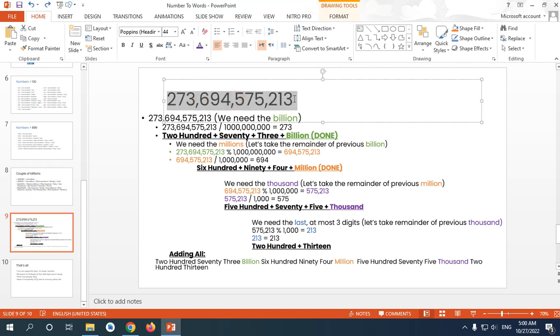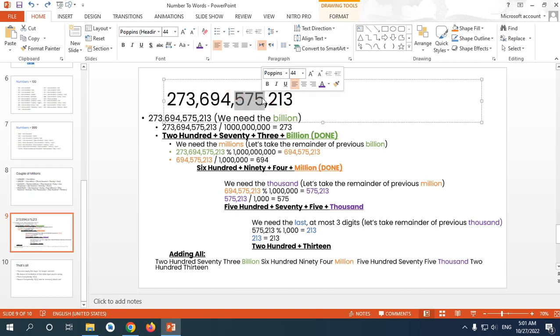We have 6 digits there, so we know it's a million. 694 is converted like the same 3 digits we have converted in the previous slides. We take the 600, and with the other 2 digits 94, the tens of 94 is 90, and the remaining of 94 is 4, according to the tens of 90. Alright, so it's gonna be 694 million because of the 6 digits we have here. And now we're done with the million.